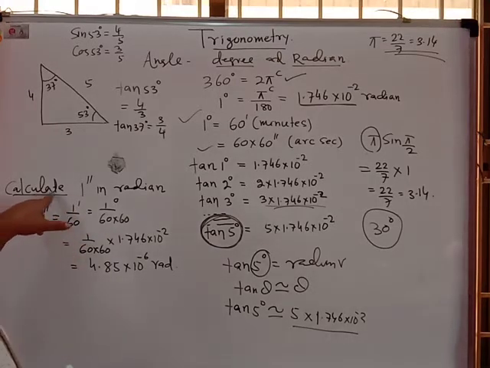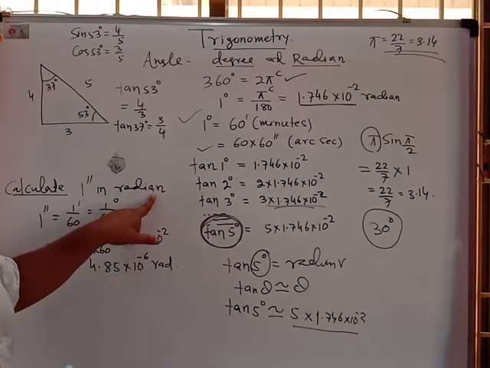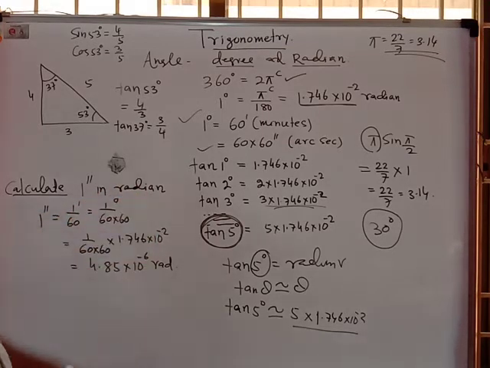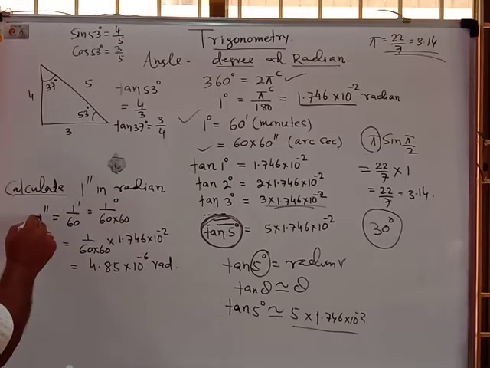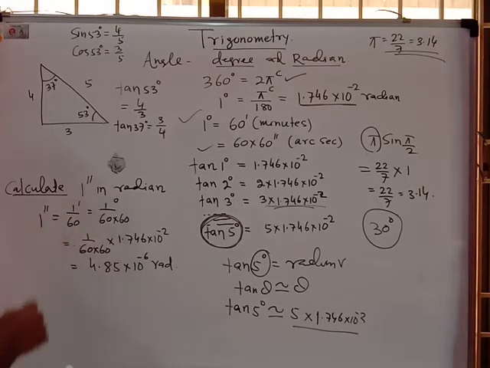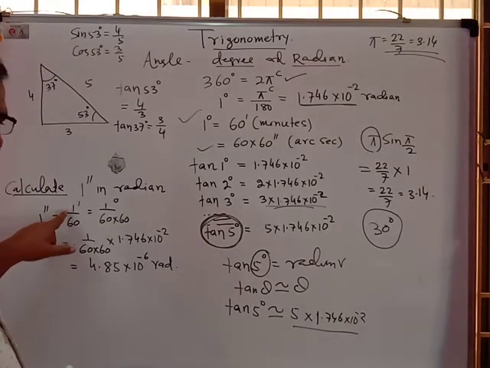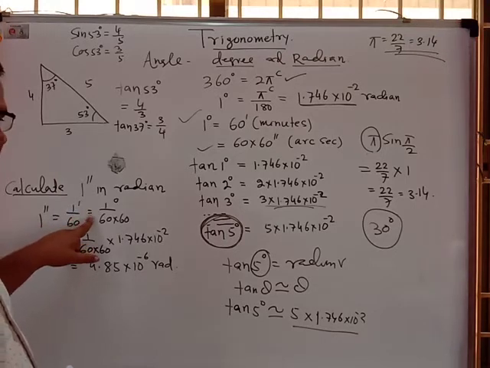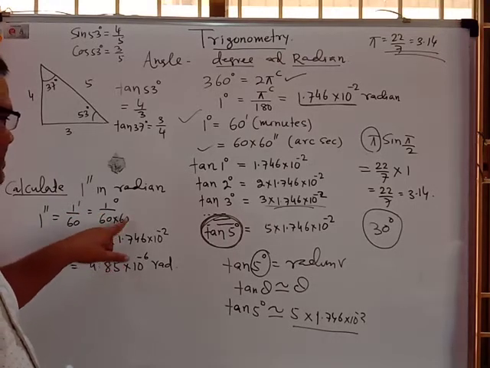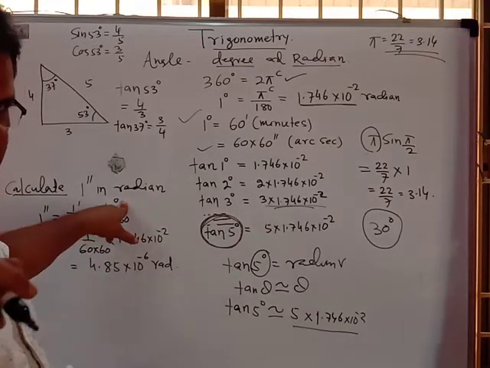In that way, let us convert one angle. Suppose we calculate 1 arc second in radian. How will 1 second be converted into radian? So 1 second equals 1 upon 60 minute, because you know that 1 minute equals 60 second. That is equal to 1 upon 60 into 60 degree, because 1 degree equals 60 minute.